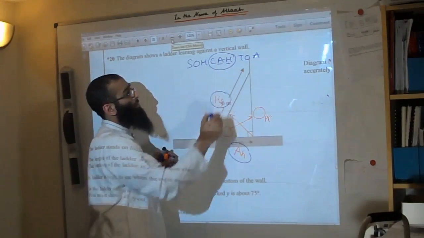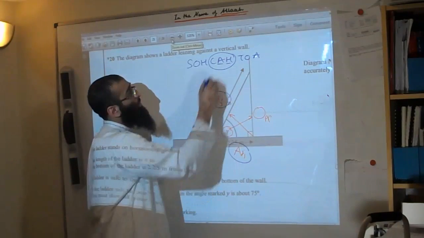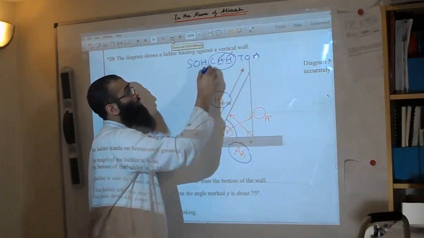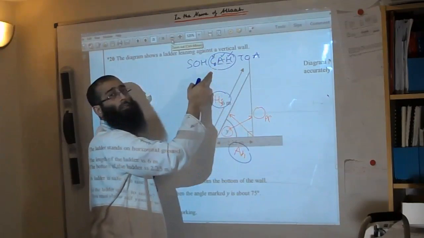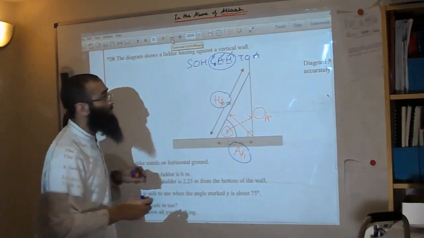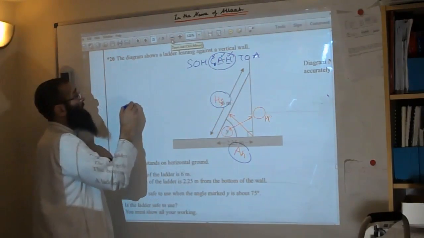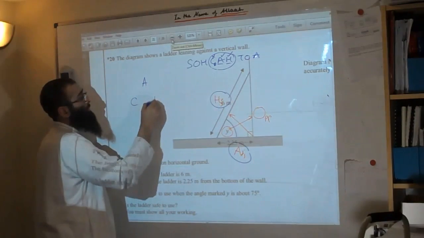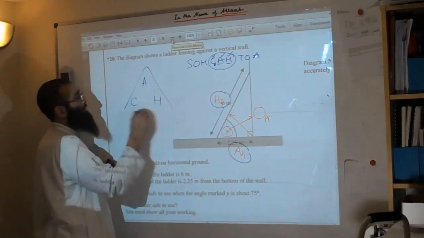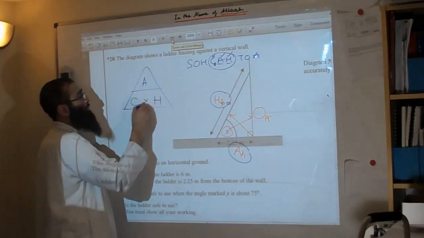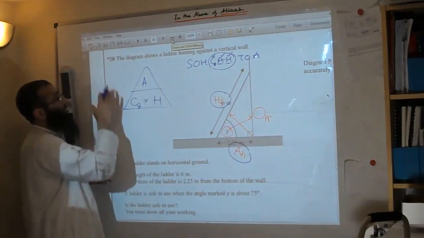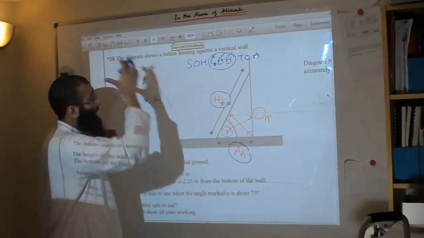There's your A. So we know the A and we know the H, but we don't know the angle. So we can use the cos identity. CAH looks like this. That's the formula triangle that we use for CAH. We have SOH, CAH, TOA. We will do all three triangles.